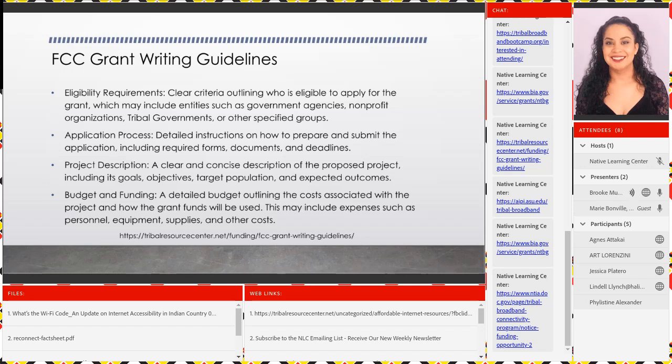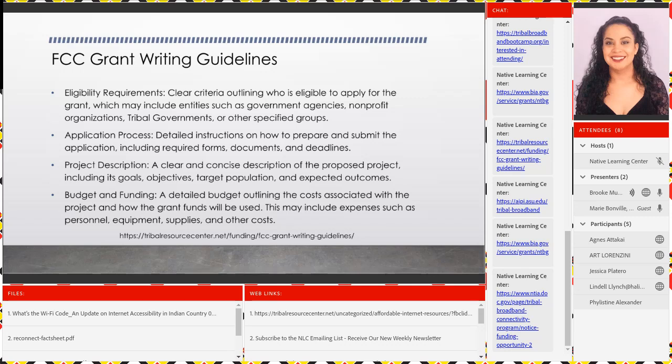I have heard from many tribes that often they will change the criteria at the last minute, and they'll give you like 72 hours to update your applications and documents and everything. I would just be advised to definitely keep a close look at that.